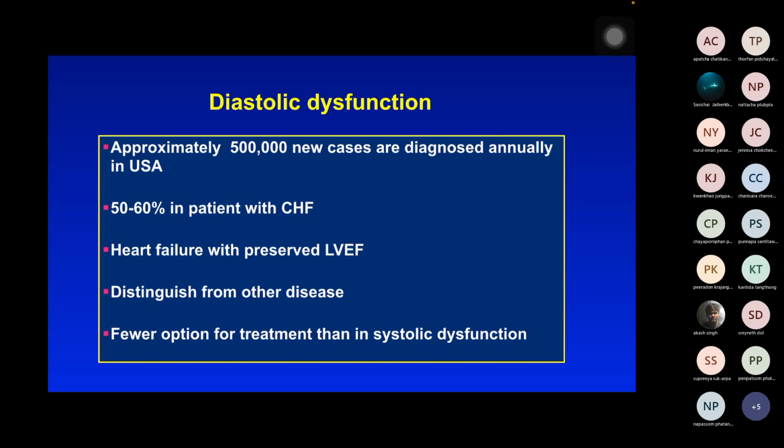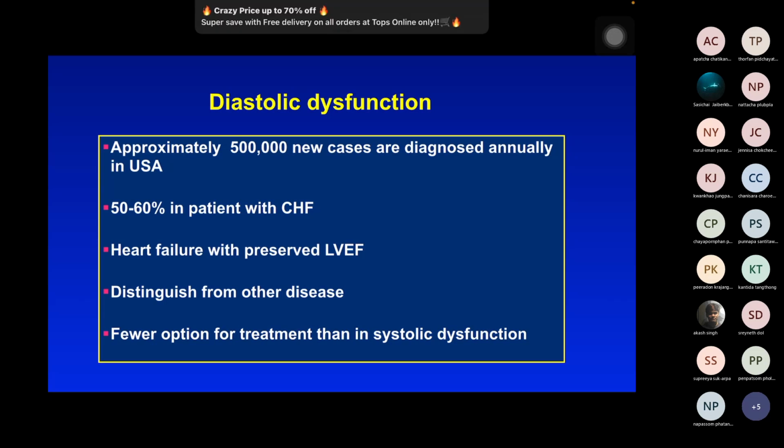Diastolic heart failure is commonly seen worldwide, including Thailand and the United States. About 50 to 60% of patients have diastolic heart failure, or heart failure with preserved ejection fraction. About 40 to 50% is systolic heart failure.